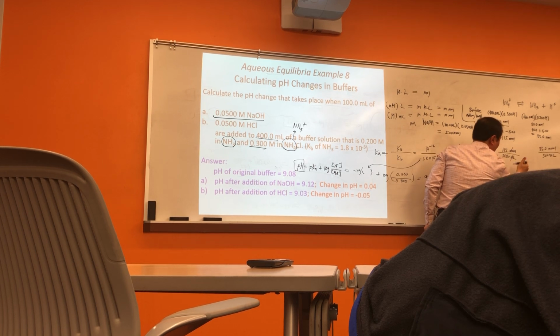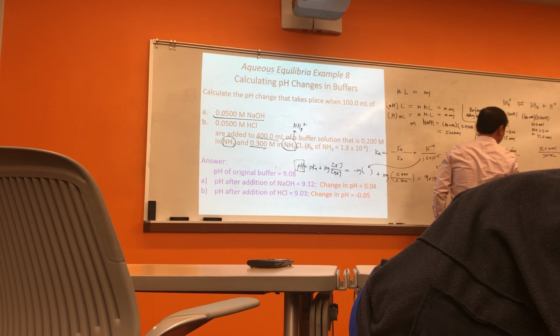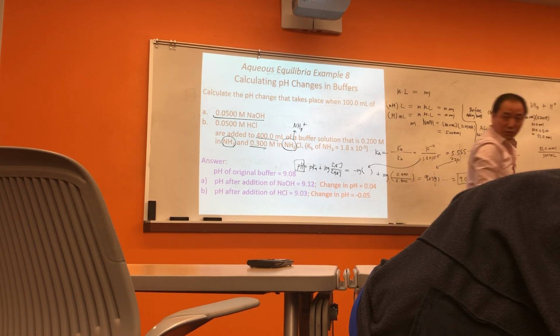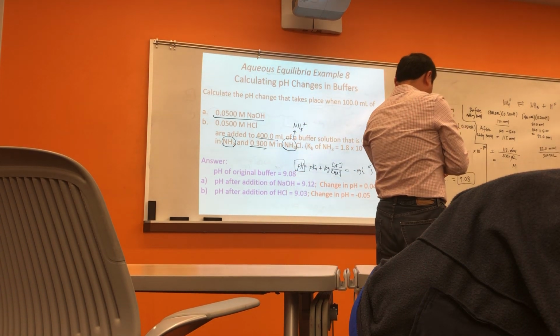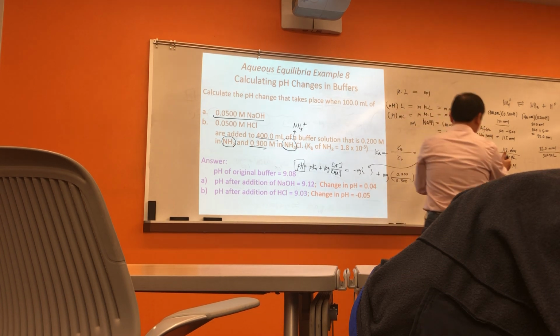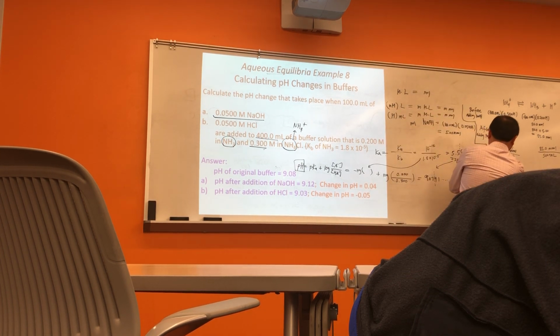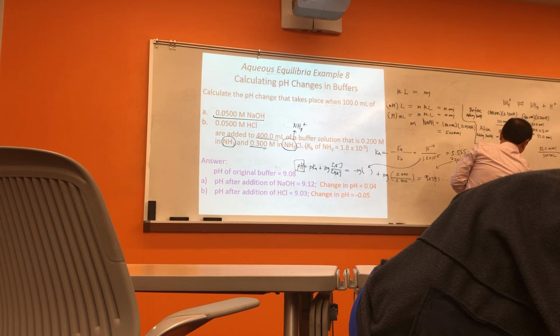So mole over here is simply molar concentration. Same goes here. Now let's calculate. 115 divided by 500 is 0.23. And 85 divided by 500 is 0.17.